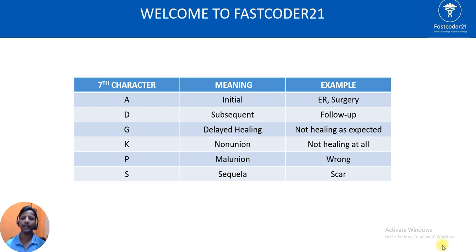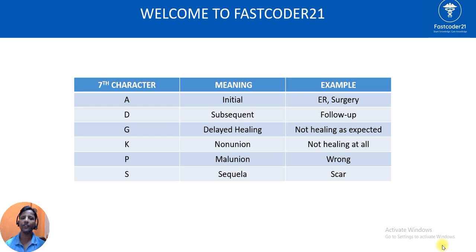Aftercare means the patient had a fracture, the physician has treated the patient's fracture and the treatment is completed. Now, again, the patient came in for fracture checking. That time we will call it aftercare. Just try to remember aftercare: after the completed treatment. Next one is follow-up. Follow-up means the patient still has the problem and is undergoing current active treatment. That time we will use subsequent encounter seventh character D.